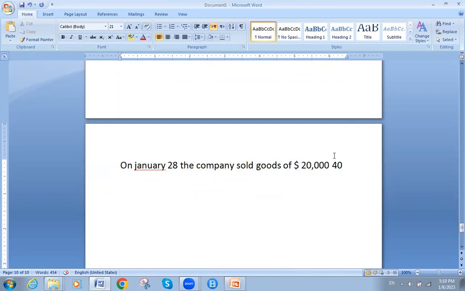40% in cash, and the rest is to be paid after 3 months.